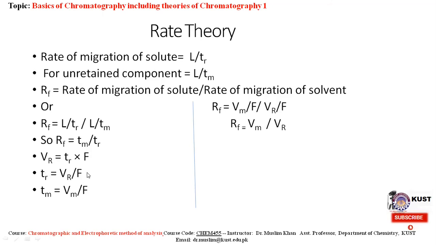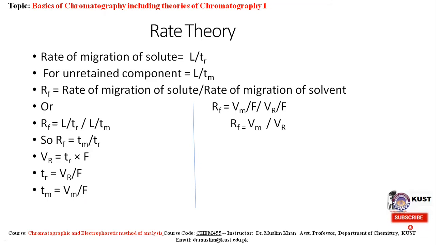Similarly, the time taken by the mobile phase or unretained component of your mixture is given by equation number 6: Tm is equal to Vm divided by F. Tm is the time taken by the solvent and Vm is the solvent volume required to elute an unretained component from the column. It is called void volume or dead volume.